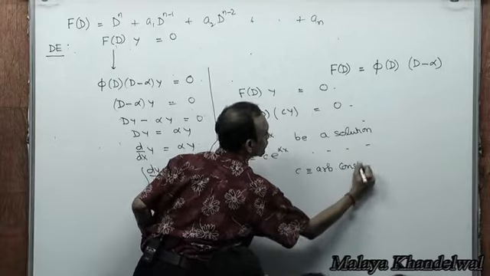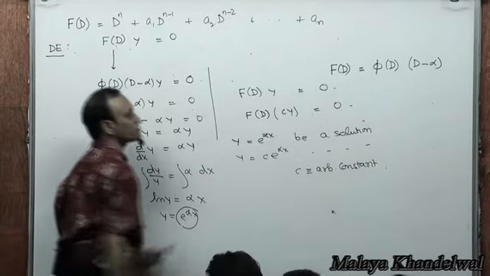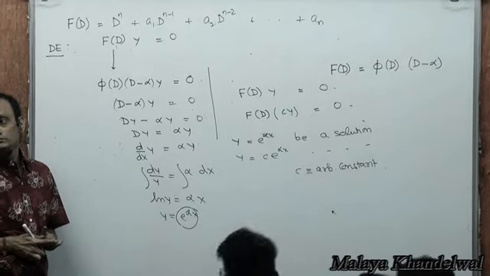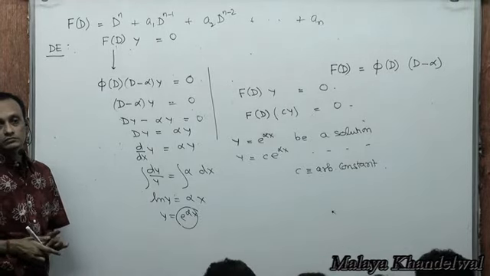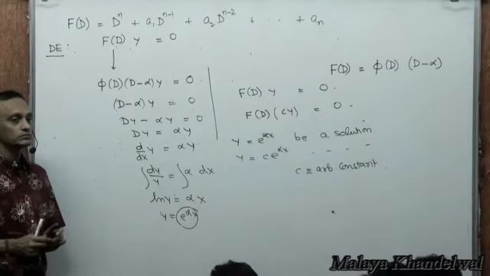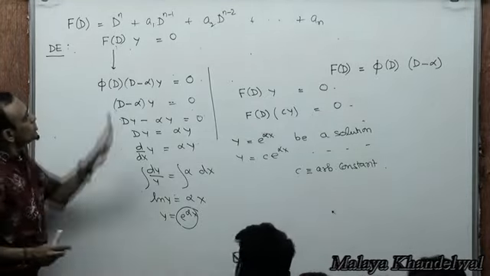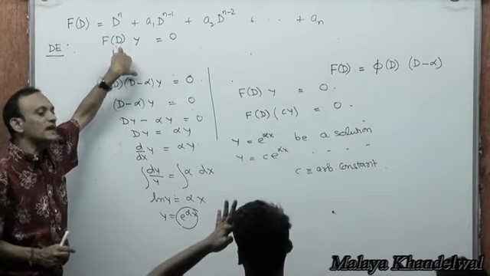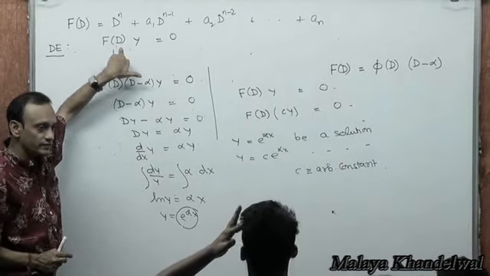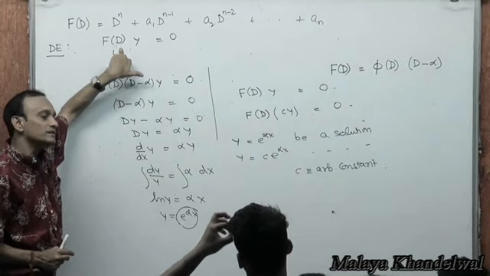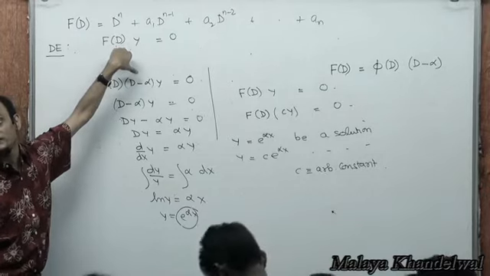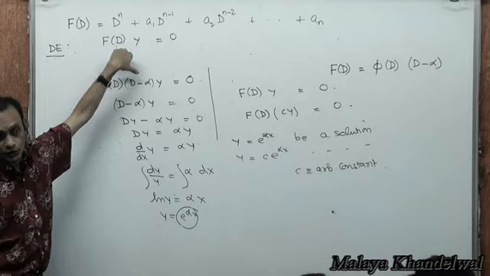Yes or no? c is an arbitrary constant. So if there is an operator like this fd and d minus alpha is a factor of this fd, then c e power alpha x will be a solution to the differential equation.